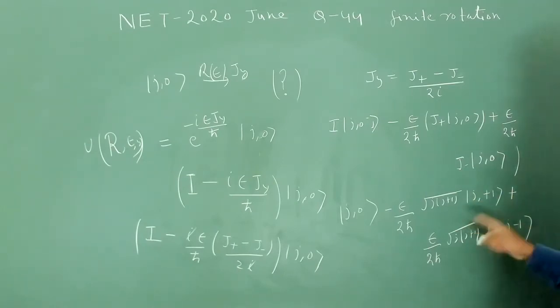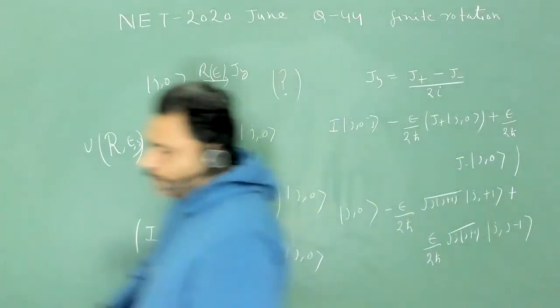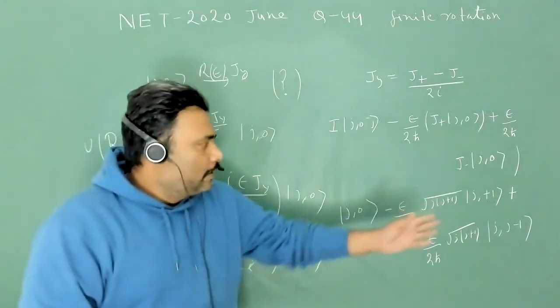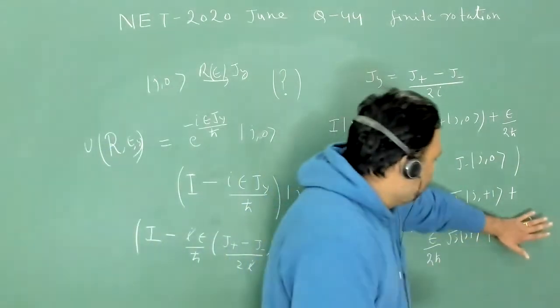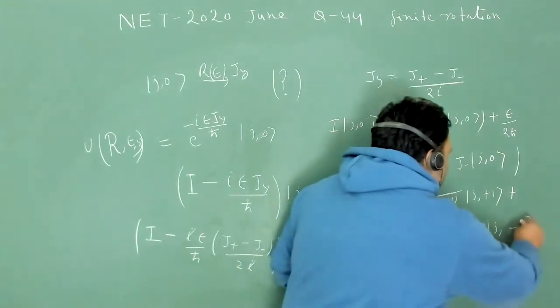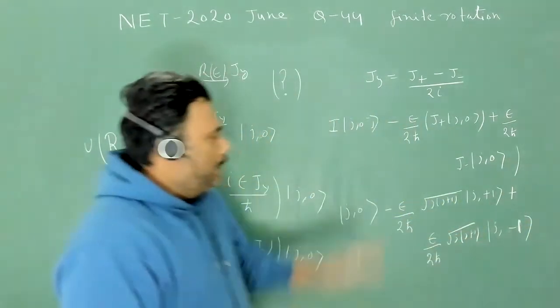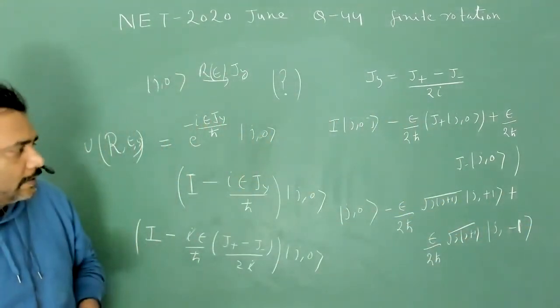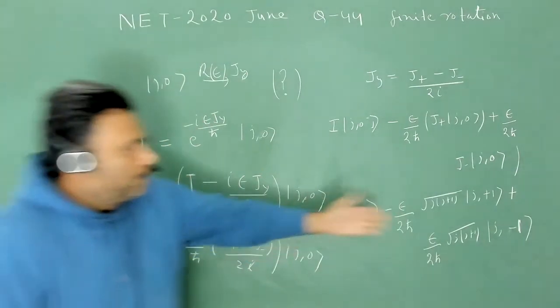Sorry, this is not j minus 1, this will be minus 1. So this is a linear combination of these, and this is the final answer.